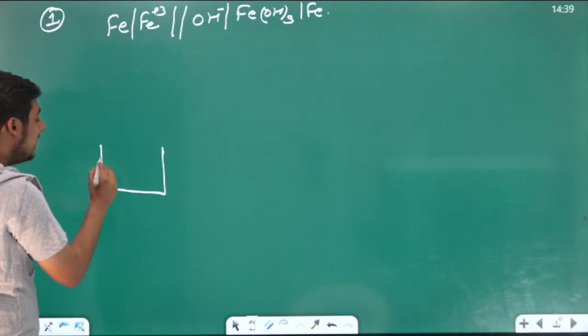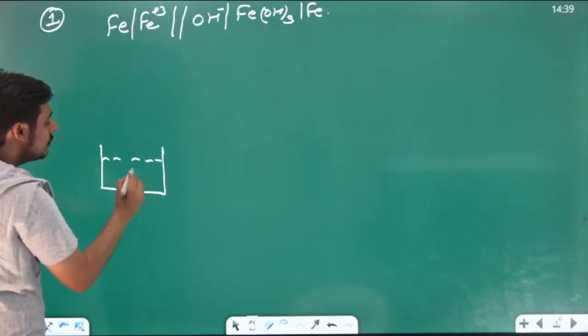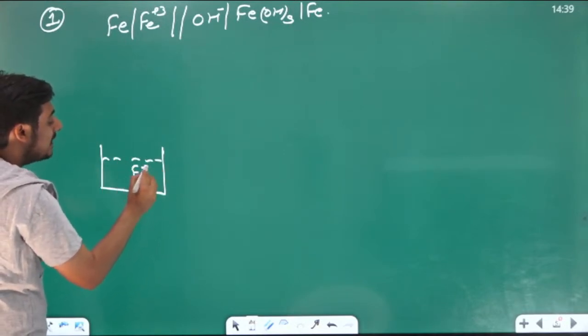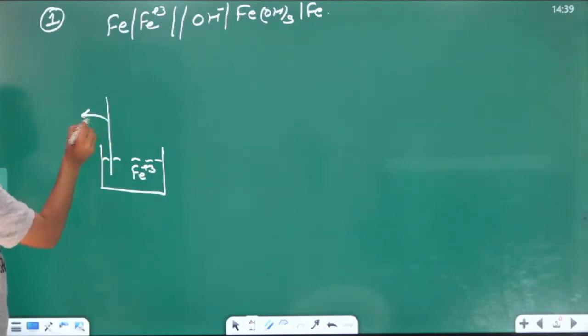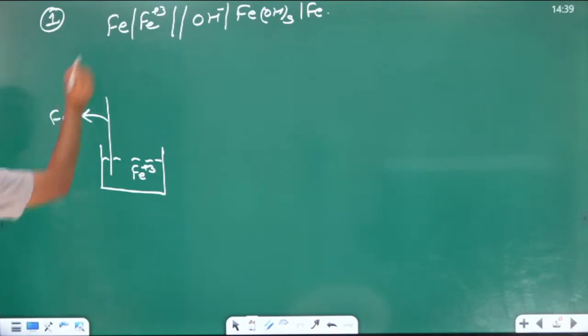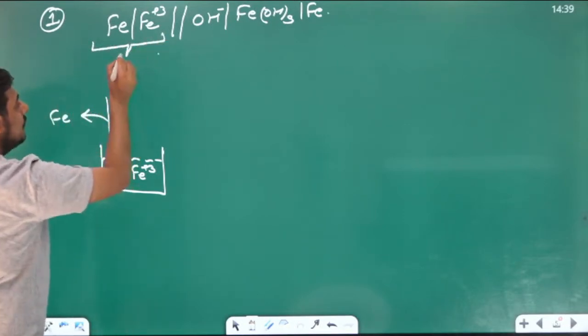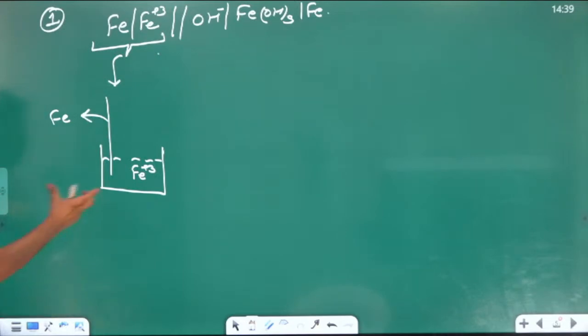Now this oxidation half contains a solution where Fe3+ ion is present in contact with a solid rod of Fe. This representation means this one.